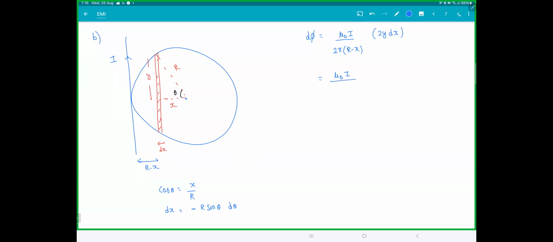So I don't want to get in terms of x. I want to replace everything there. So r minus x will be r into 1 minus cos theta. This is 2. y is nothing but r sine theta. And dx is nothing but minus r sine theta d theta.